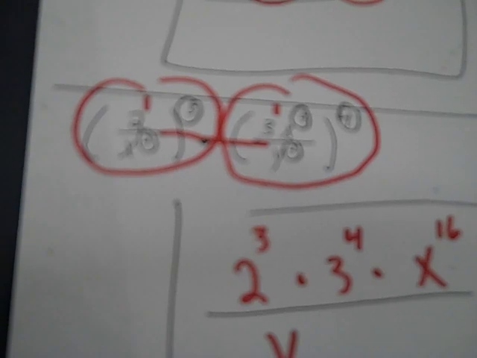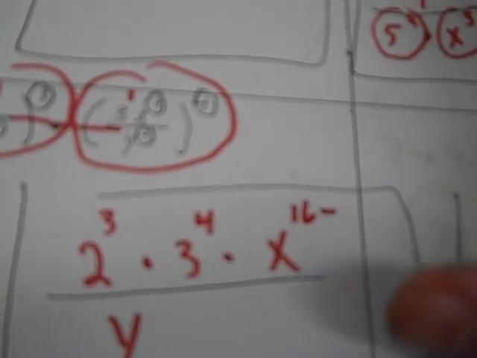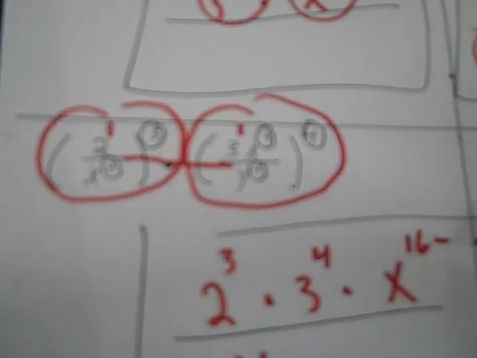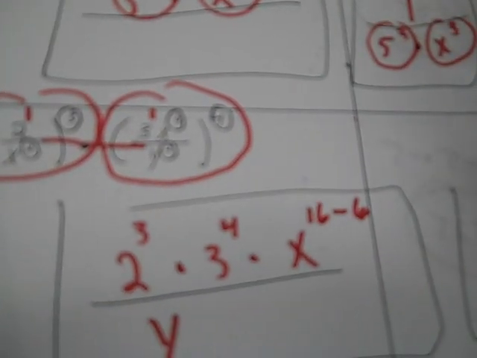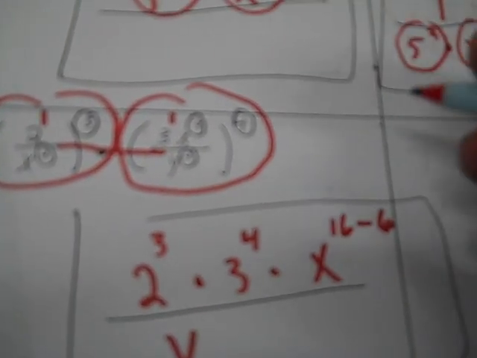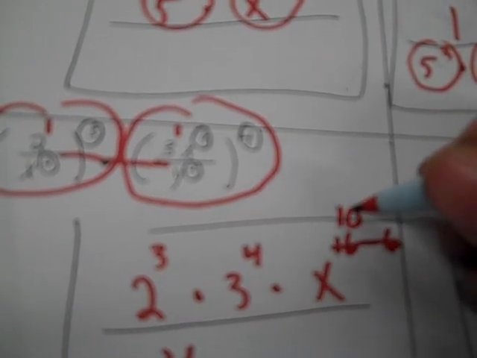Looks like it's on bottom to me, so that will be a minus operation. And again, I know this x is on bottom, but don't just write 2 down because the parentheses surrounds the x as well. So 2 times 3 is 6. Okay. 16 minus 6 is 10. Okay. So x is to the 10th power.